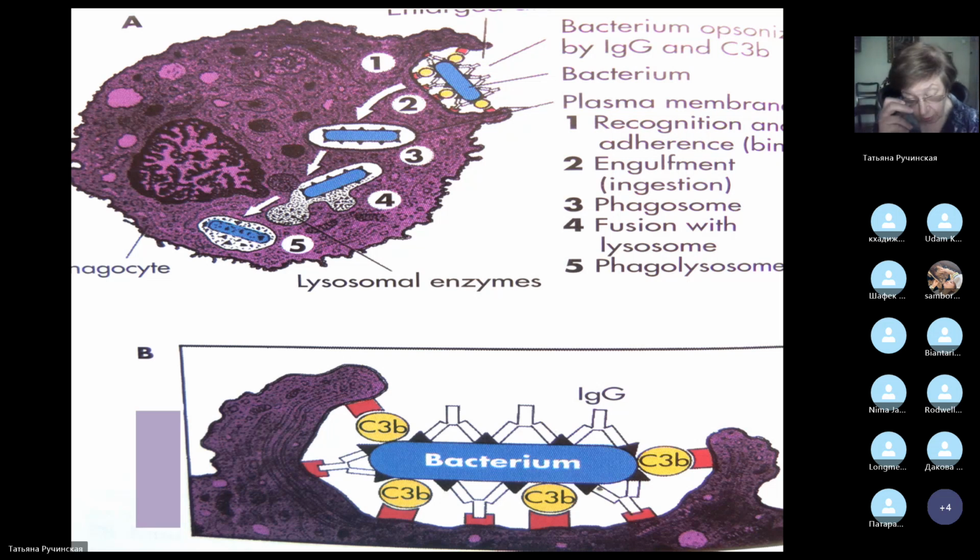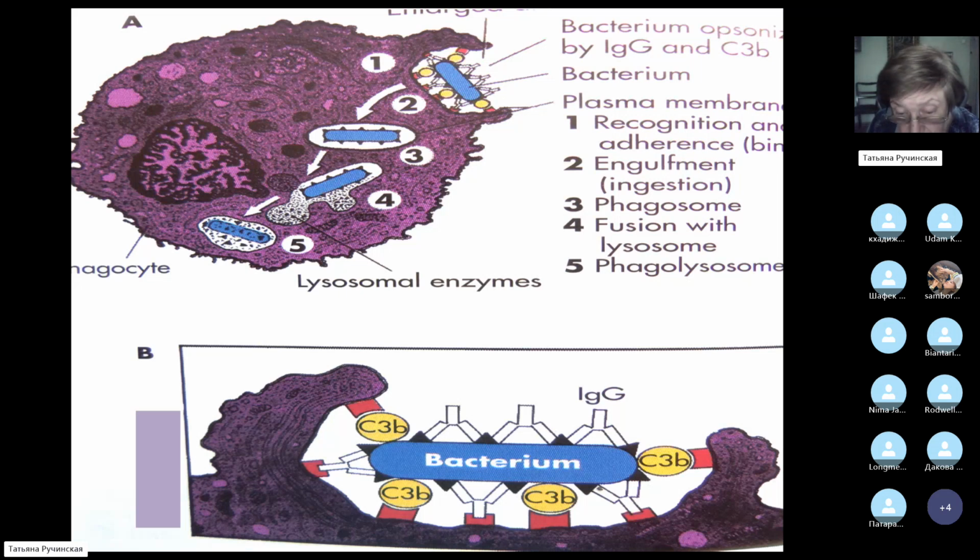Look, on the surface of the leukocyte, there are receptors for C3b, the first and the second. There are receptors for the Fc fragment of immunoglobulins.